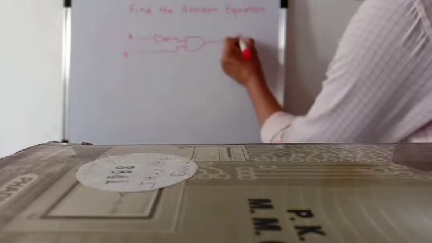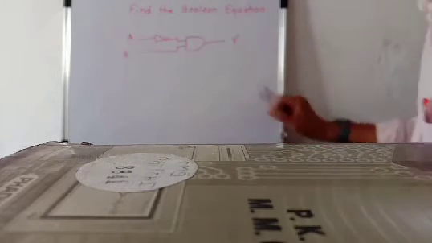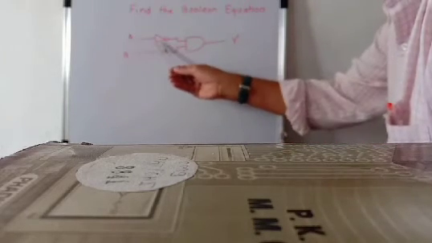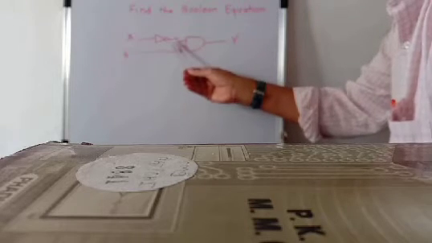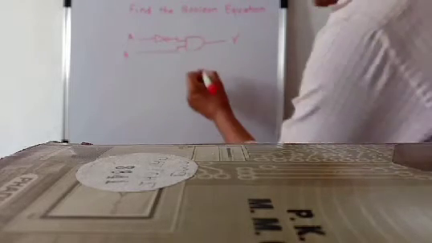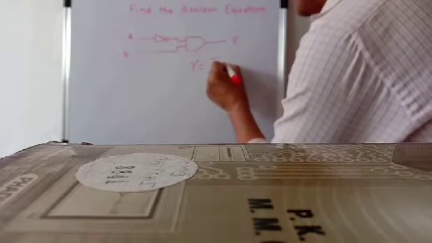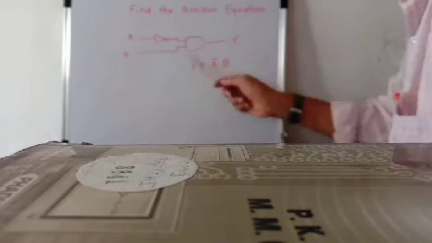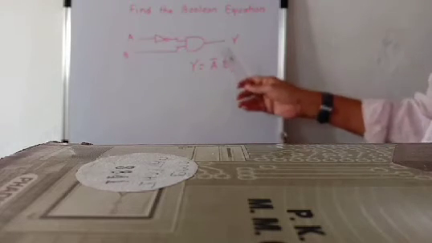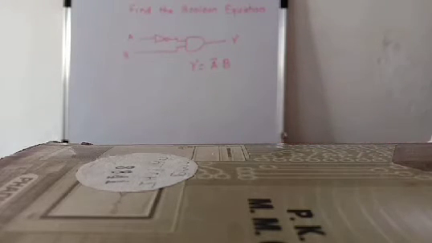So what is Y? Write its Boolean equation. A is inverted by this NOT gate. Here we are getting A bar and this is B. So Y is equal to A bar dot B. This is an AND gate, so Y is equal to A bar B.